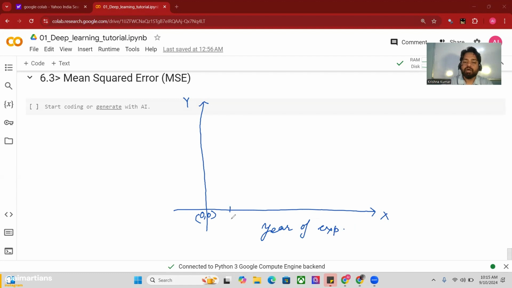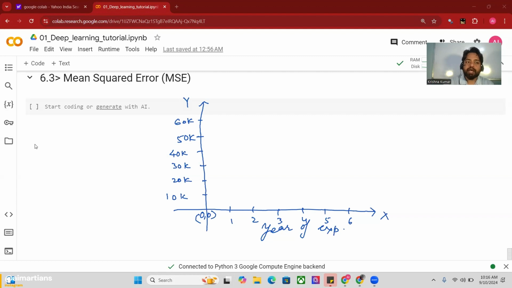Let's say 1 year, 2 years, 3, 4, 5, 6. And this is salary. Let's say this is 10K salary, 20K salary, 30K salary, 40K salary, 50K, 60K. All right. So this is a graph.